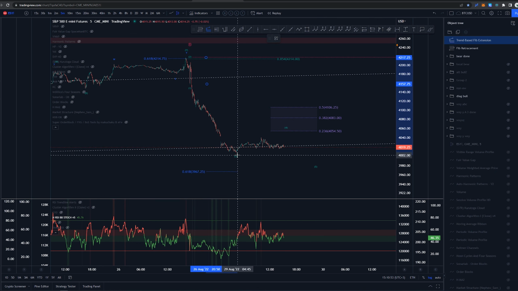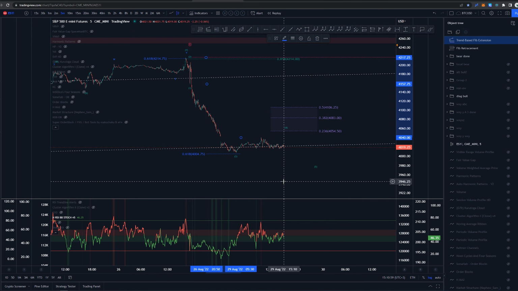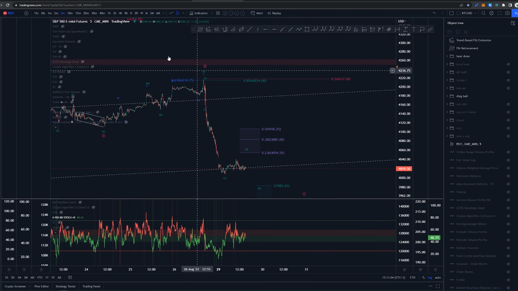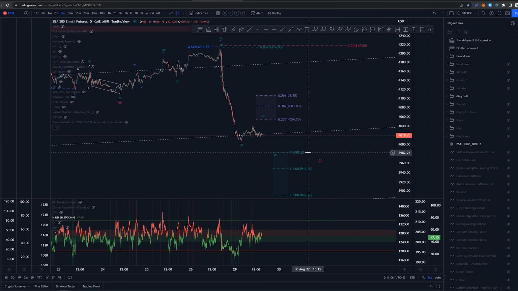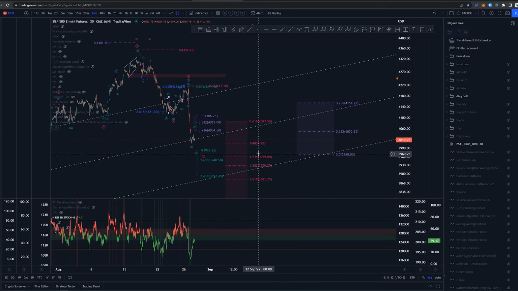So let's take a look at the measured targets if we have already pivoted from the wave 4. And targets would be something like this. And 1-to-1 would be around the $3,983. Let's see if we have some kind of confluence around that area as well.